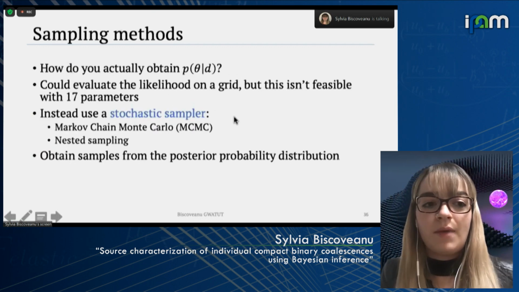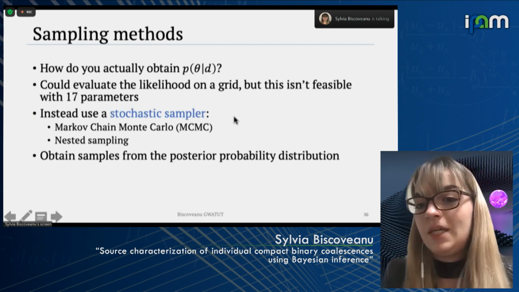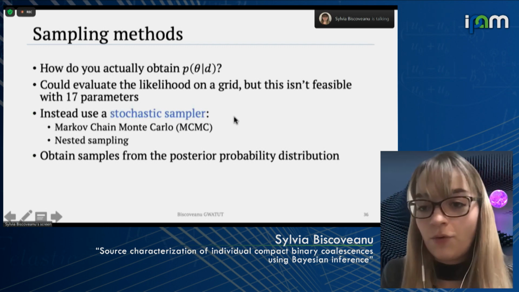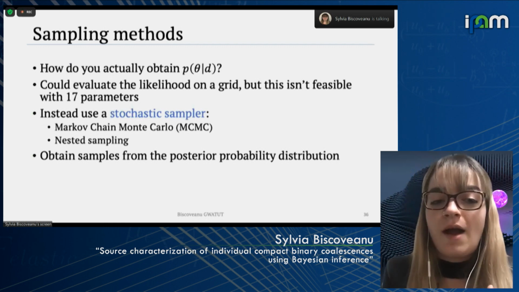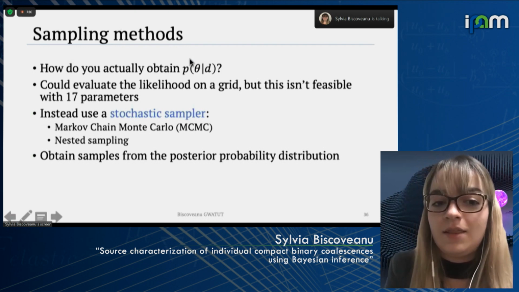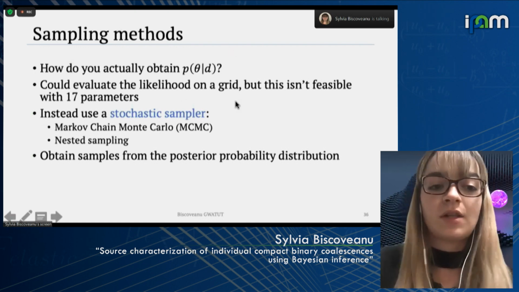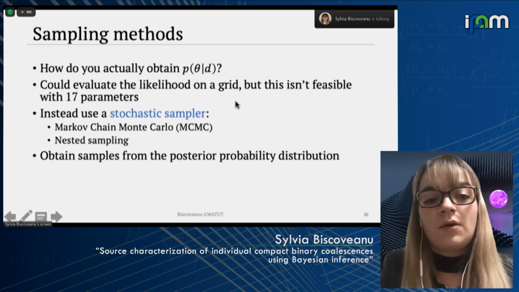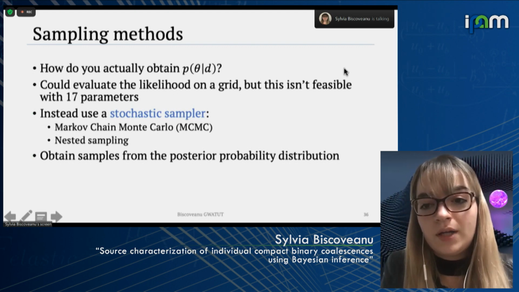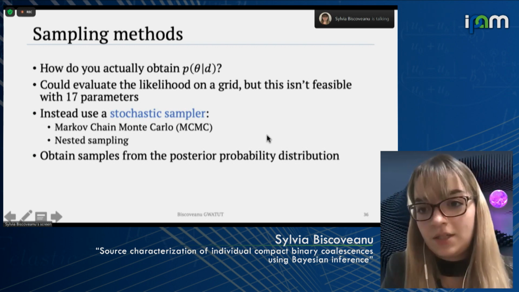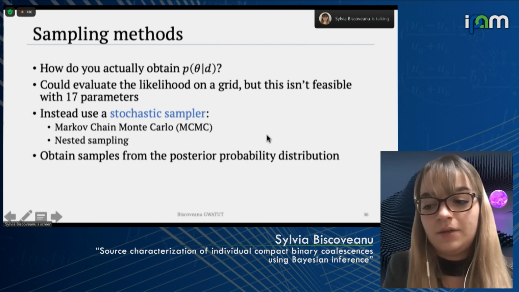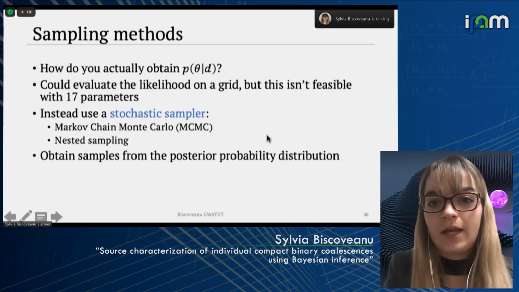Okay, and now we have all the pieces needed to perform parameter estimation, but how do we actually obtain this posterior on the parameters data that we've been talking about for the last hour? So again, this requires an integral because it needs to be normalized, and it requires that product of the likelihood and the prior.